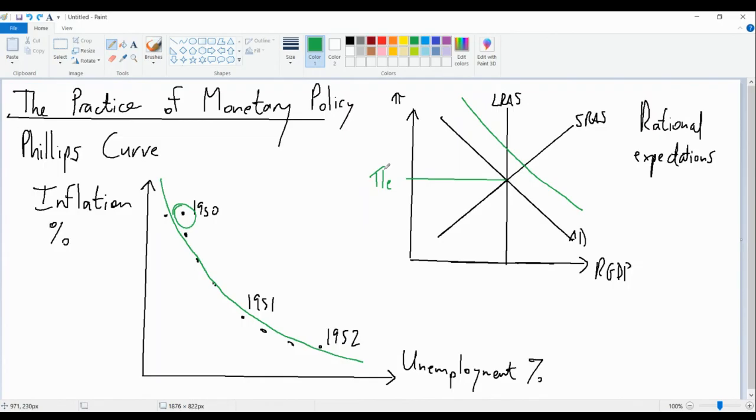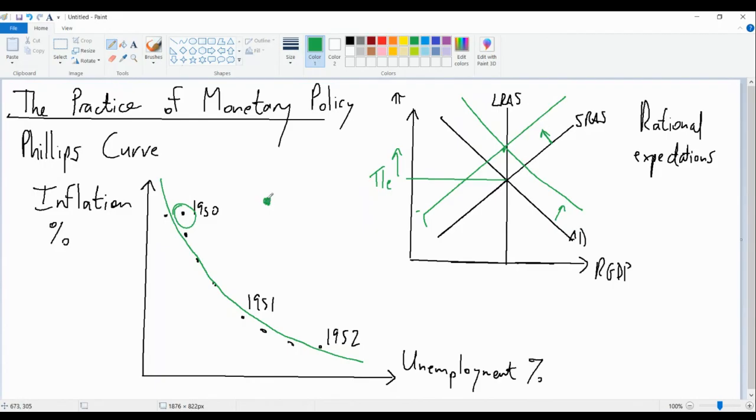And of course, what happens then? What if the Fed announces we are going to inflate, of course, with the objective of lowering unemployment, and we understand that, and we expect the inflation? That means the supply curve will shift also because expected inflation would rise. And would we end up at this point? We would not. We would get a high inflation, but we would not get anything special in terms of unemployment.